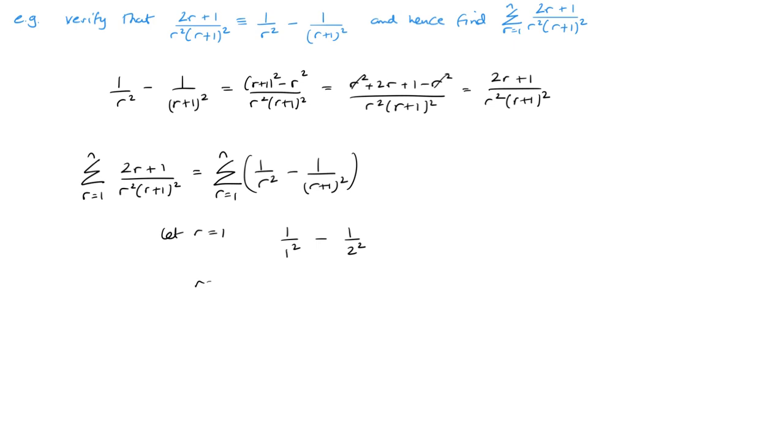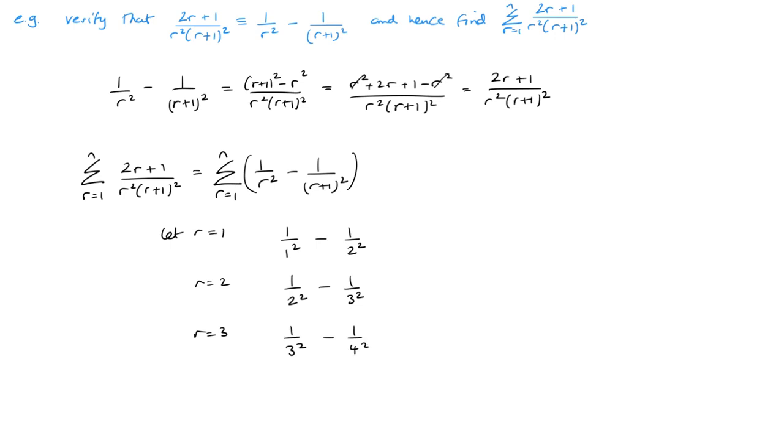When r equals 2, we get 1 over 2 squared minus 1 over 3 squared. When r equals 3, we get 1 over 3 squared minus 1 over 4 squared.